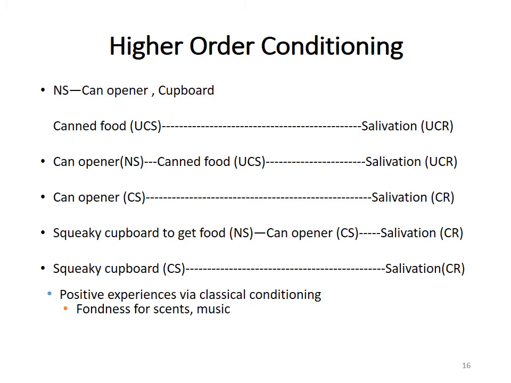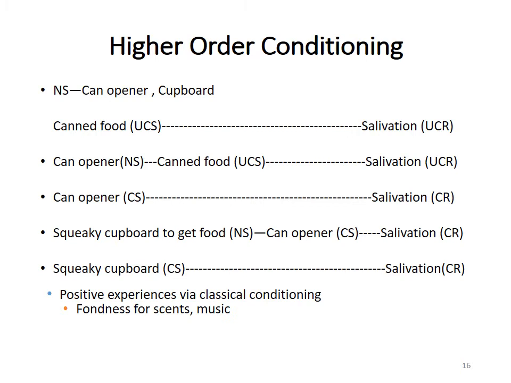We pair the can opener and the canned food several times, and then pretty soon our can opener becomes a conditioned stimulus. Just the sound of the can opener alone creates salivation in the cat, even without giving the cat actual food. Next, for higher order conditioning, we're going to pair our squeaky cupboard with the can opener sound.